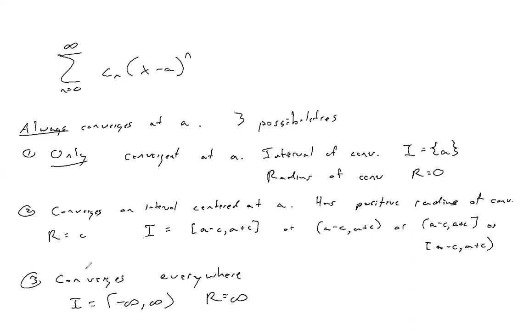And then what's the third possibility? My series is going to converge everywhere, meaning the interval of convergence would be negative infinity to infinity, and then my radius of convergence would just be infinity. All right, so this is the information for convergence of series. And then, like we said earlier, on the interval of convergence, my power series is going to be equal to some function.